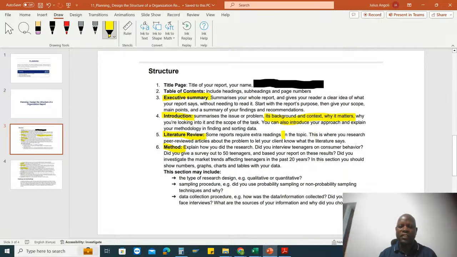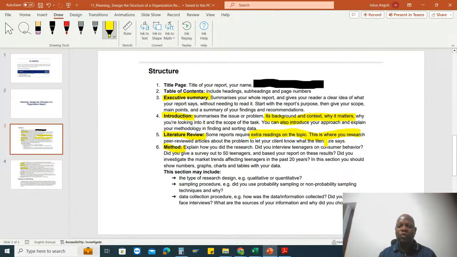We want to know the context in which the report is written. So we will look a little bit at the literature review. Some reports will require the reader to do some desktop work and do a literature review.